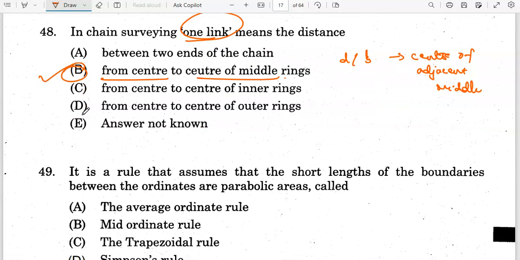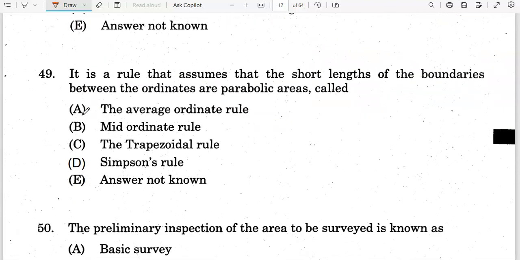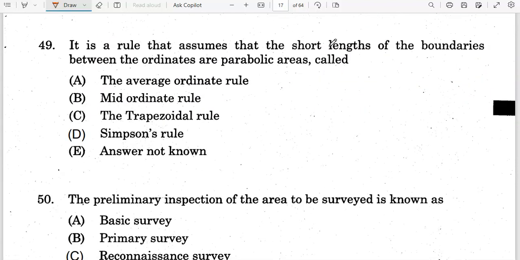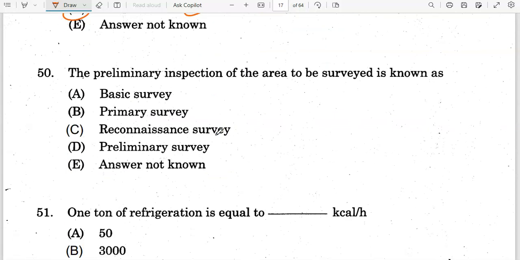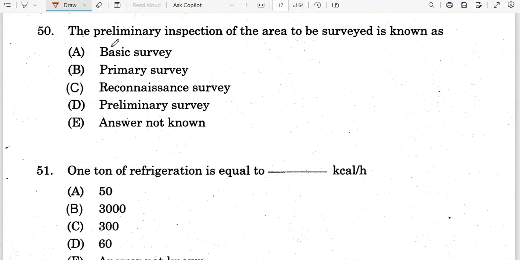It is the rule that assumes that short length of boundaries between the ordinates are parabolic areas, which is called Simpson's rule. Option C is the correct answer. The preliminary inspection of the area to be surveyed is known as reconnaissance survey. Other than that, there is nothing else. Reconnaissance survey is the preliminary inspection of the area.